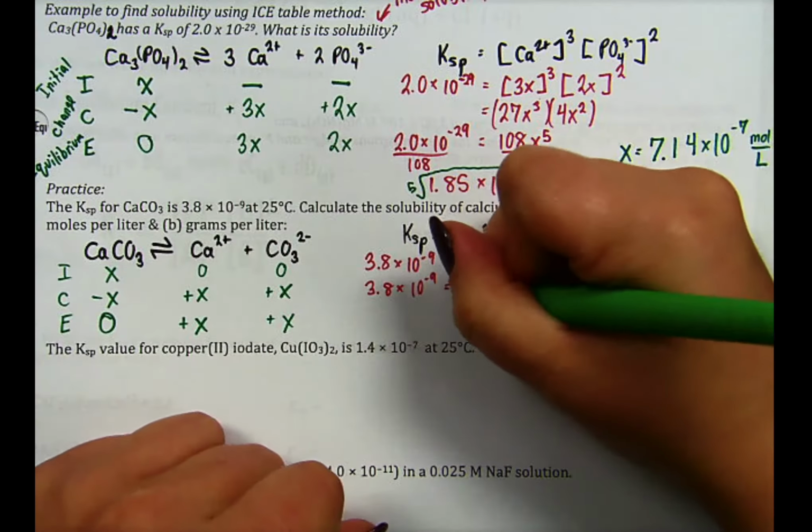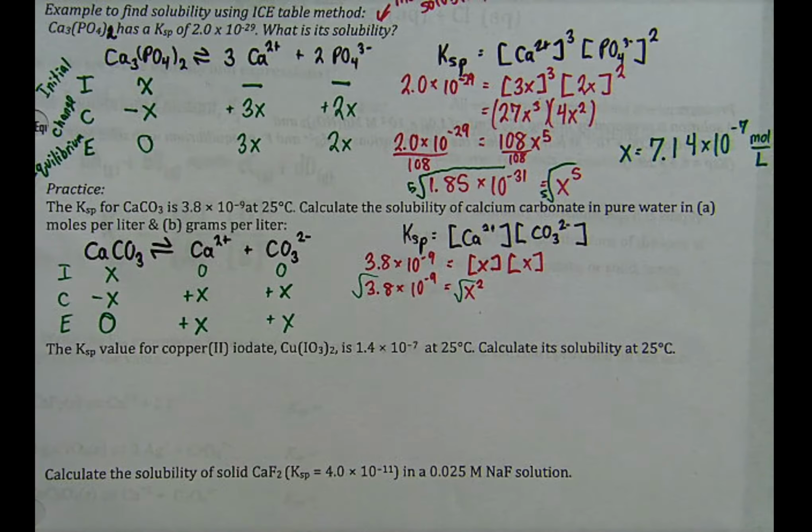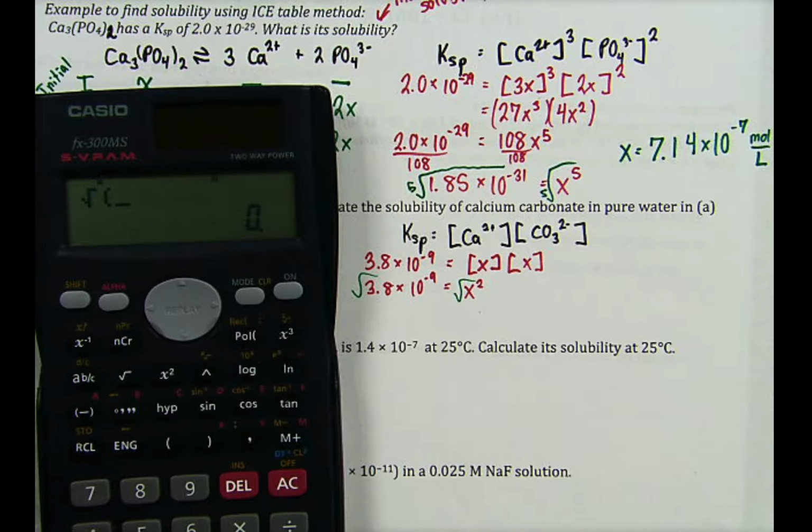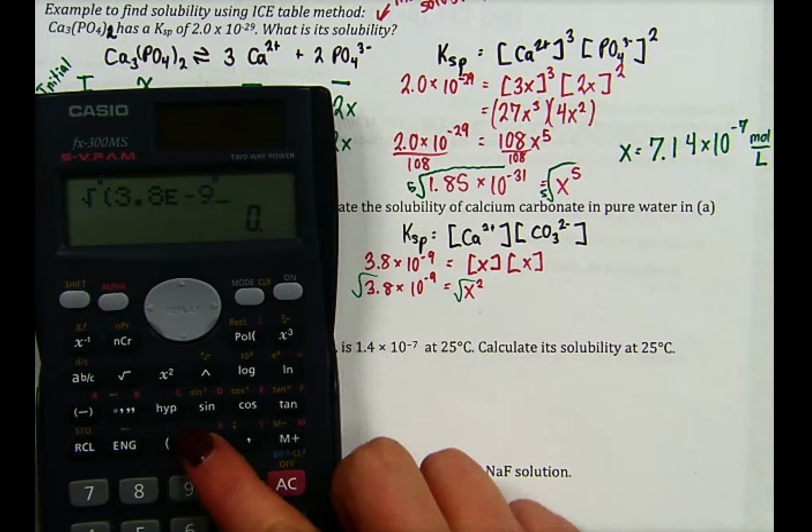To solve for x, we take the square root of both sides, and we get, let's find out, square root of, always put your scientific notation numbers in parentheses. It helps make sure that the calculator doesn't do anything weird.